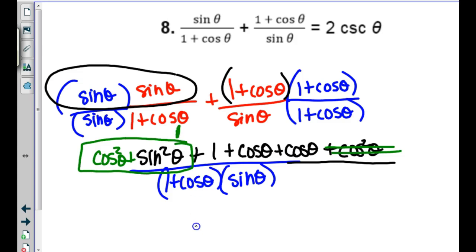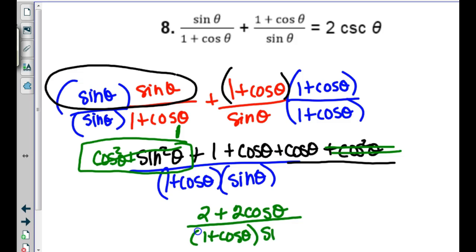So now what do I have on top? 1 plus 1 plus cosine. And it's all over a 1 plus cosine times a sine.